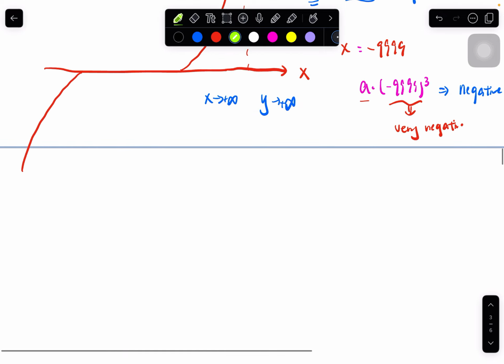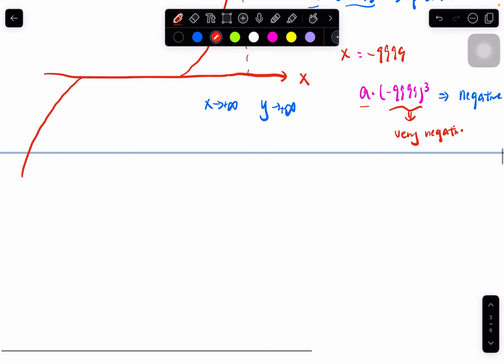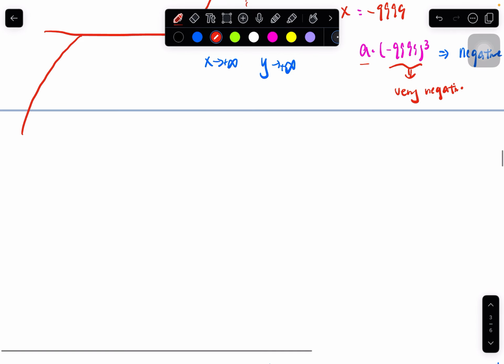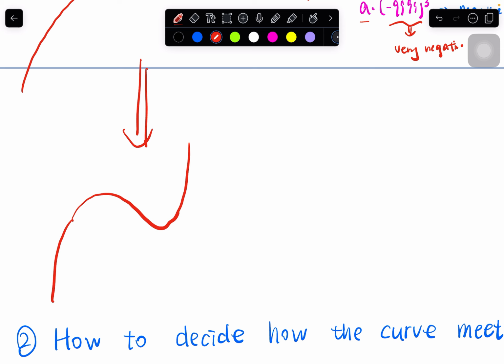The middle part could look like, for example, we have bottom left and top right. Here, for this function, we know at the 2 ends, the function looks like this. But in the middle part, the function could look like this. The function could also look like this.